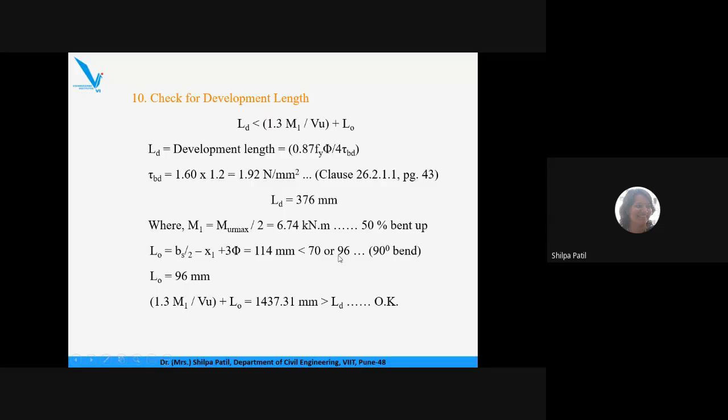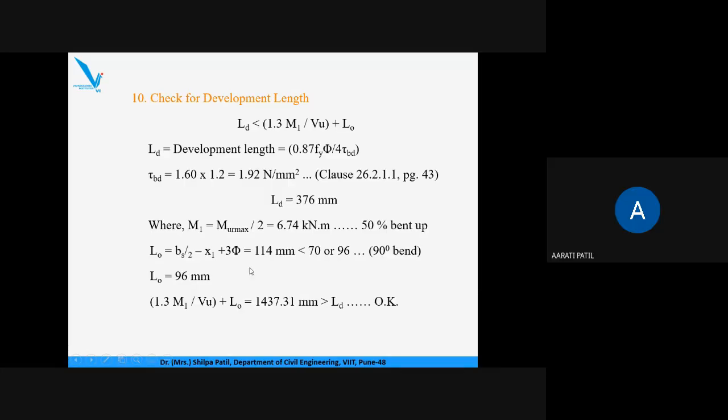And 12 phi, phi is 8, so 12 into 8, it is 96. Out of these two values, the greater value is 96, and our L0 value should be less than 96, which it is not. So we have to adopt the 96 value here.